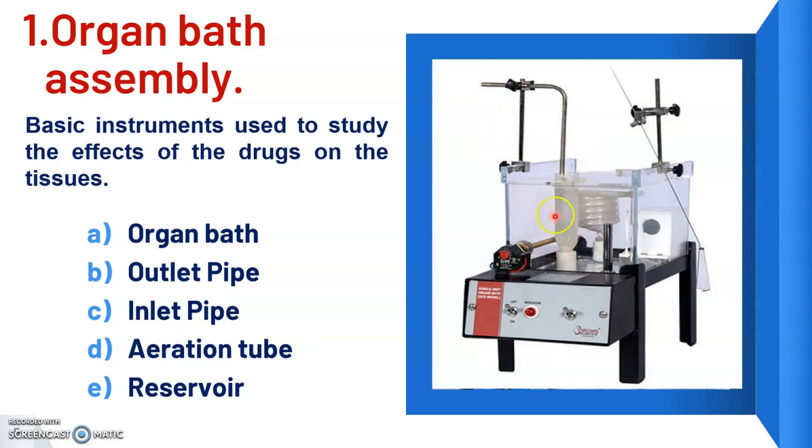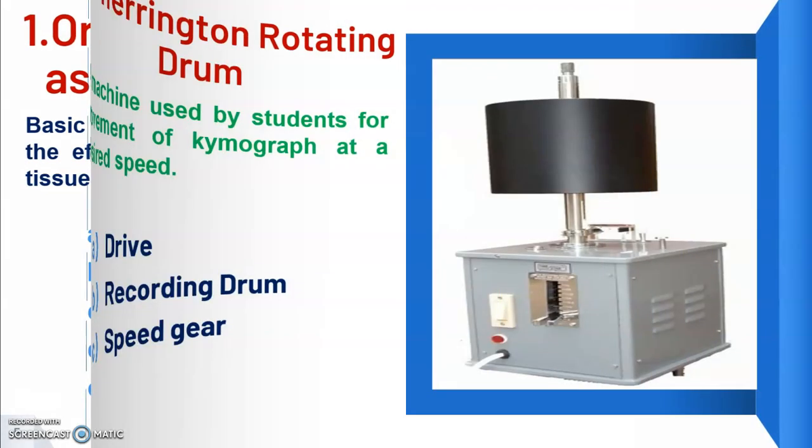Aeration tube provides air to the isolated tissue or muscle throughout the experiment, and we can supply the air with the help of the aeration tube and reservoir. A glass coil is also present to maintain the water temperature at normal human body temperature. So this is the first instrument, known as the organ bath assembly.